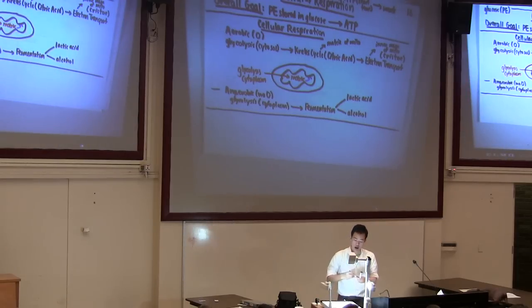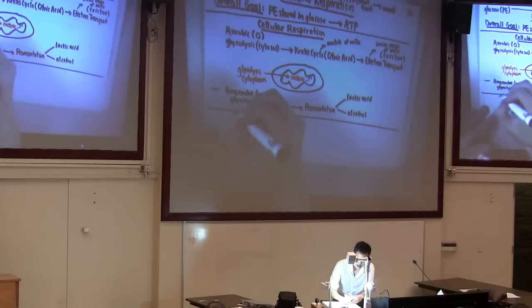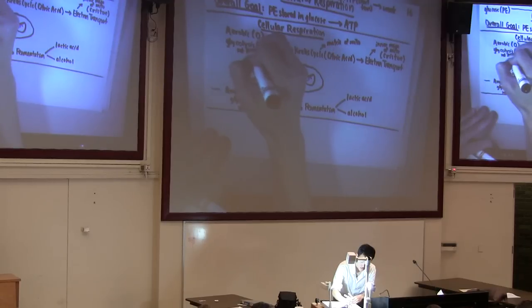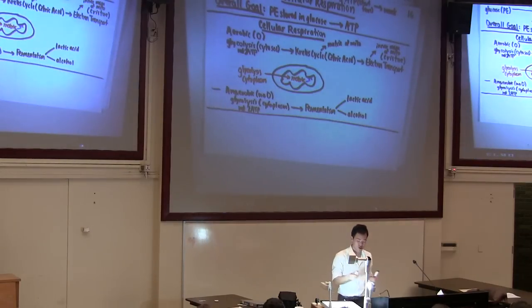Okay. How many molecules of ATP are produced in glycolysis? A net of 2 ATP. How many molecules of ATP are made in the Krebs cycle? A net of 2.